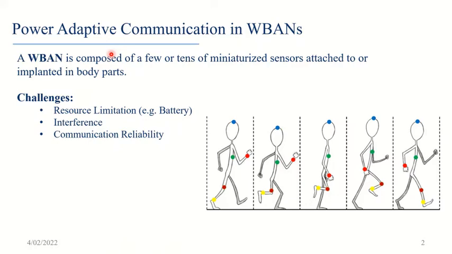And the last but not the least challenge is communication reliability. Body sensors are usually in charge of measuring physiological data, sometimes vital signals, and reporting these vital signals reliably is a very challenging and at the same time very important task for such networks.